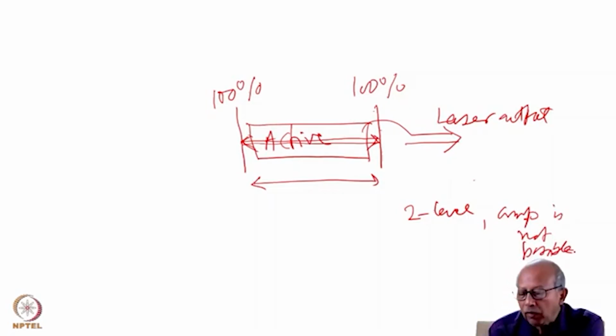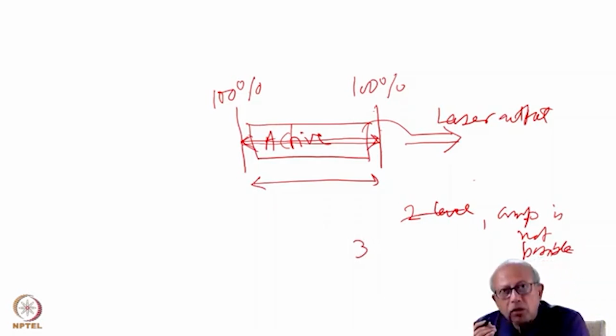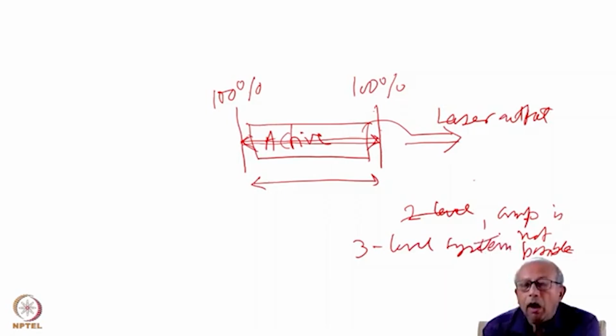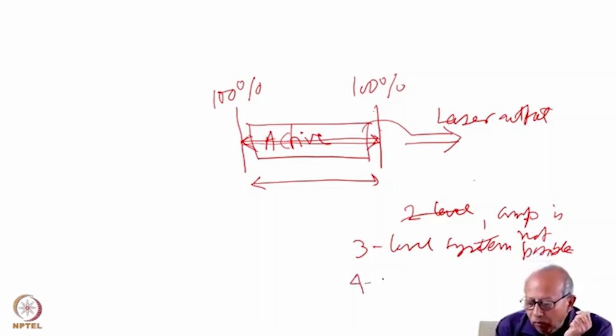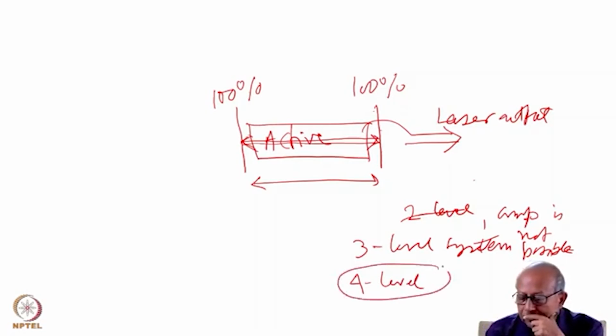For amplification of light, we have to involve at least a system with three energy levels. Only then is amplification possible. However, adding one more energy level, making it a 4-level energy scheme, makes the laser most ideal.